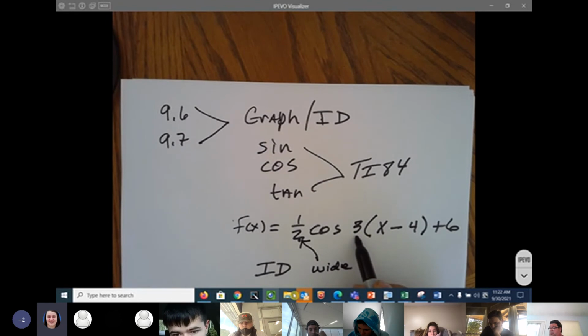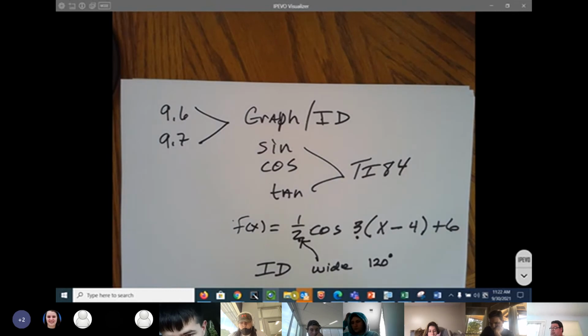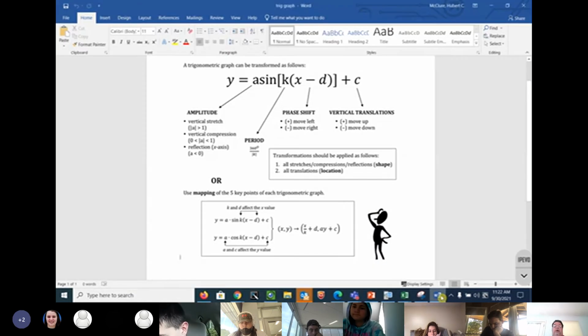This right here, that means 360 divided by 3 is 120. So 120 is our amplitude. I meant not our amplitude. I done forgot it. Period. Okay. And then, of course, your horizontal shift is 4 to the right and vertical shift is 6 up.